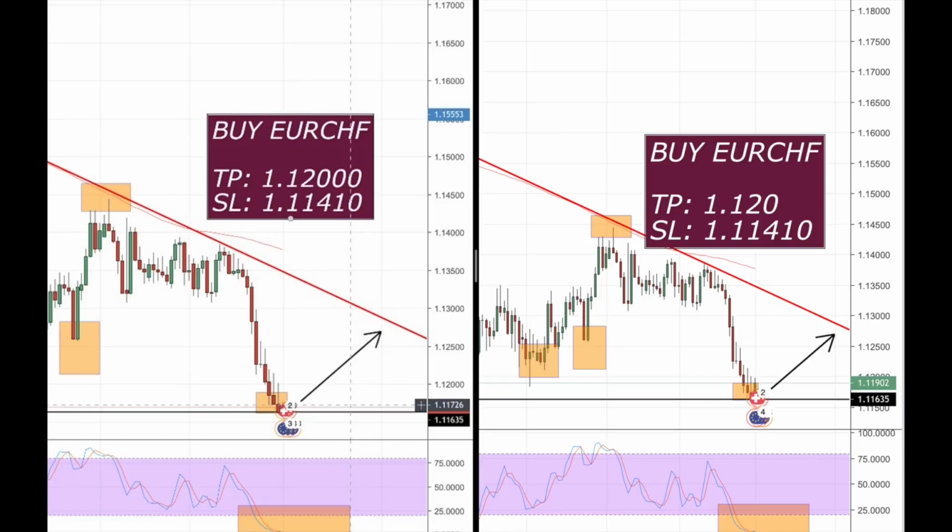It was really important to see the correlation between the support, which is our practical side, with the mathematical side, which is our stochastic with a setup 14 3 3. What we can see is that the correlation is really present. So support, and it was oversold. We can also see that the euro was really weak during the last week.